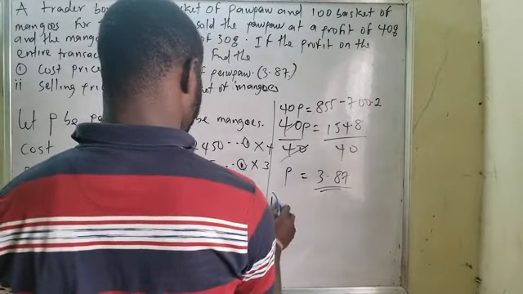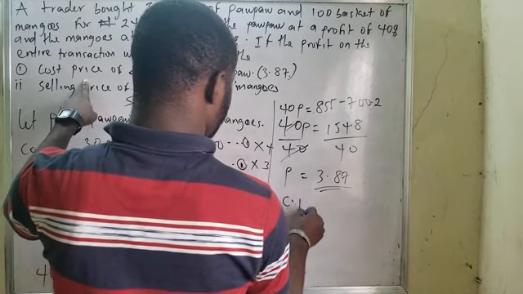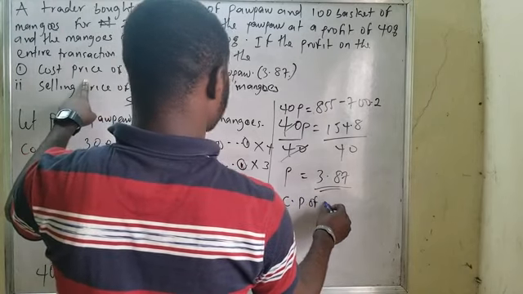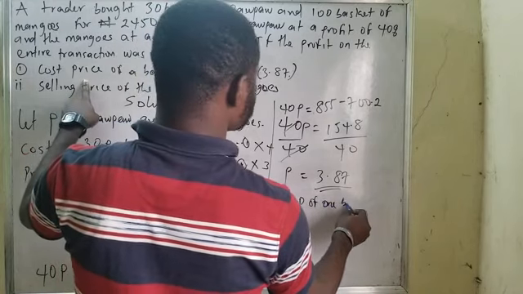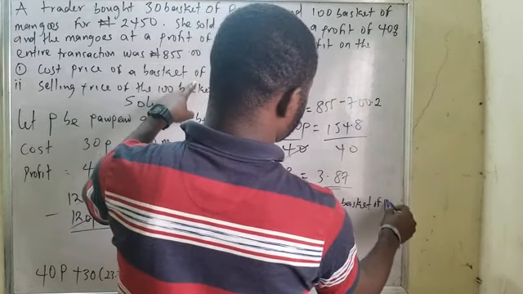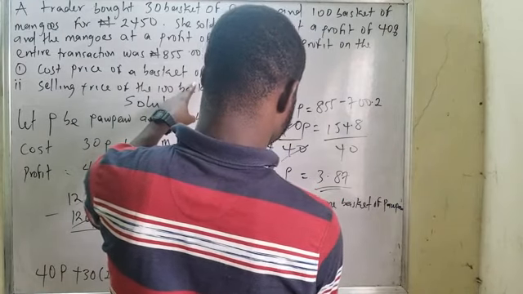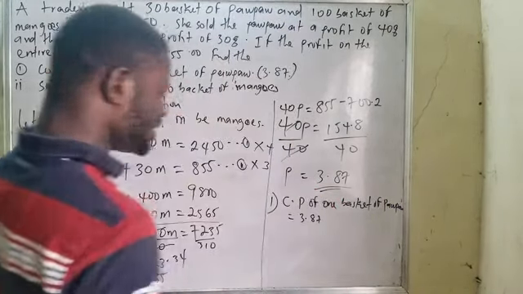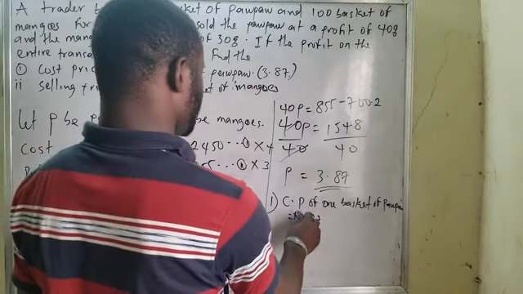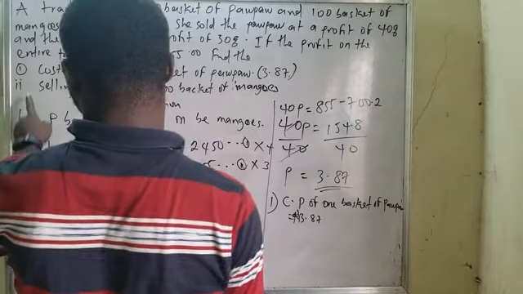Number 1, which is going to be the cost price of 1 basket of pawpaw will be equals to 3.87. It means 3 naira 87 kobo.